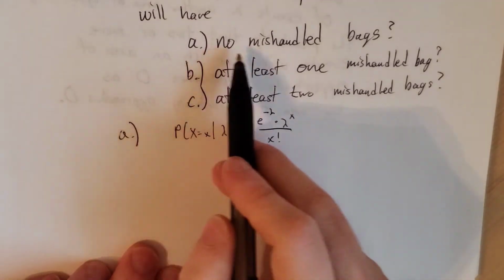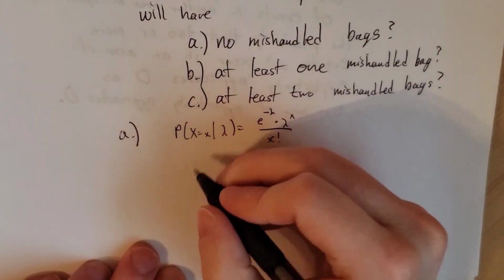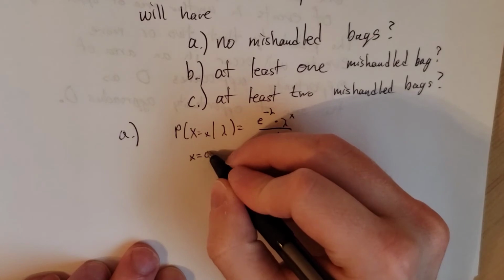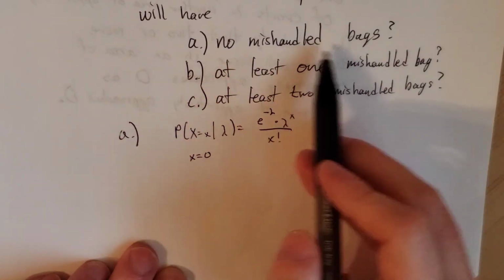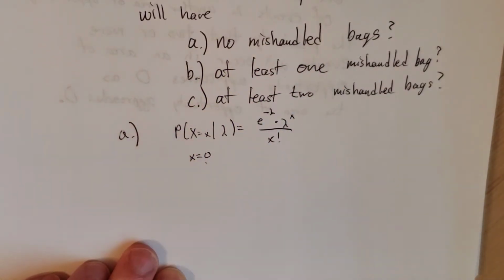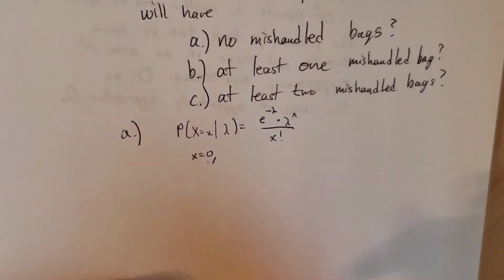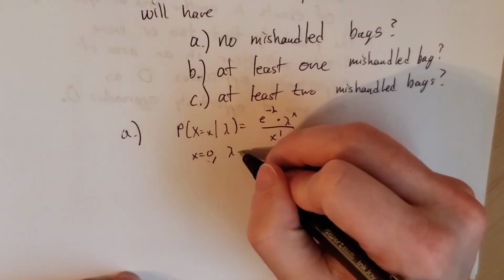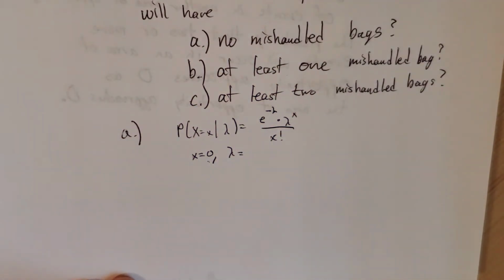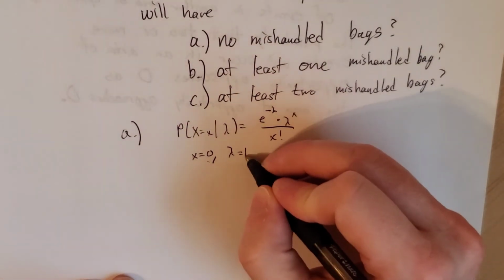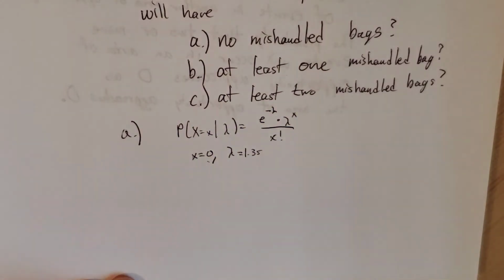Well, in part A, no mishandled bags says that x is equal to 0. So the number of events of interest is 0, that we have no mishandled bags. And lambda is our expected number of mishandled bags per 1,000 passengers, and that was 1.35.